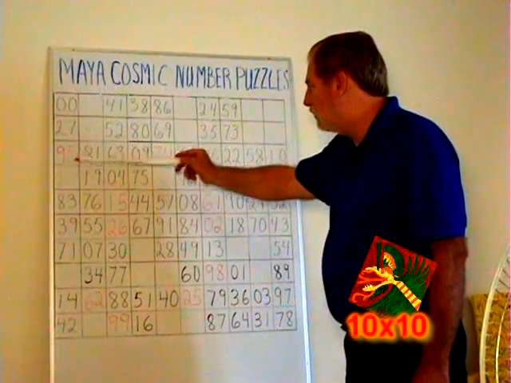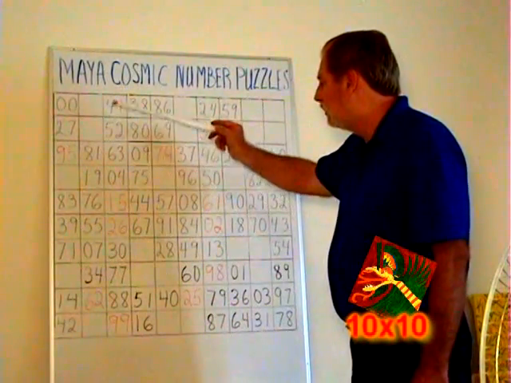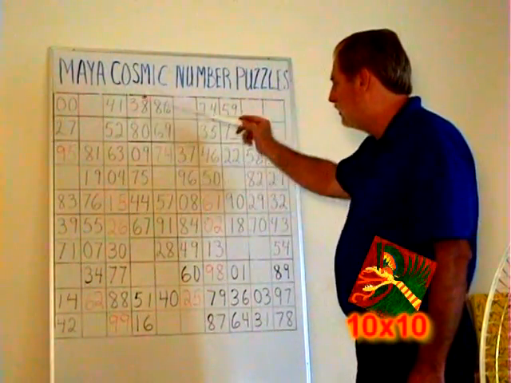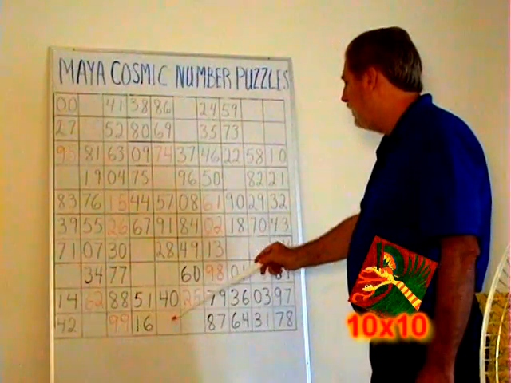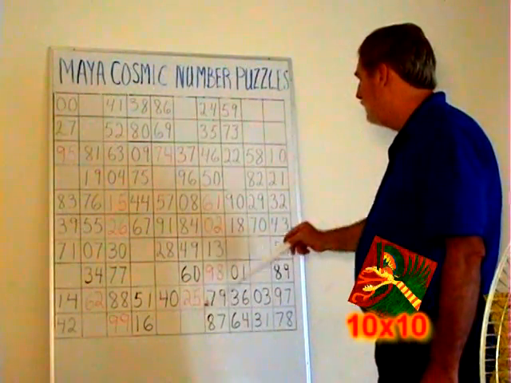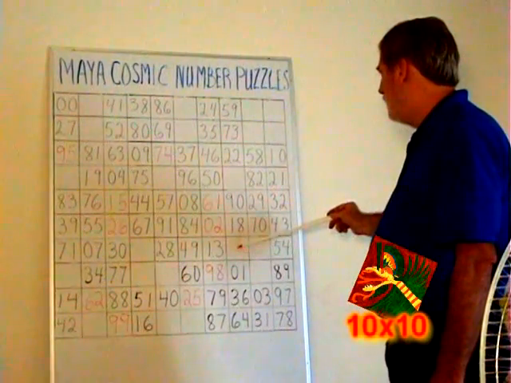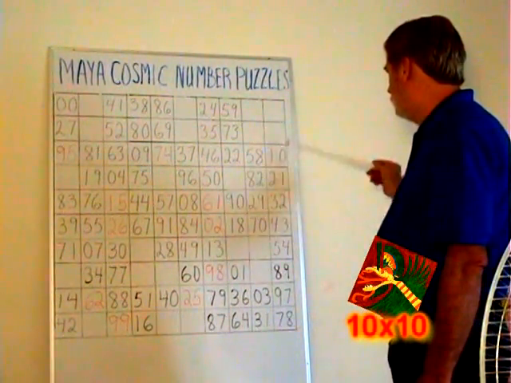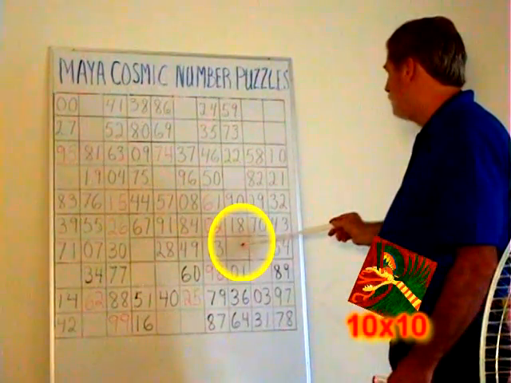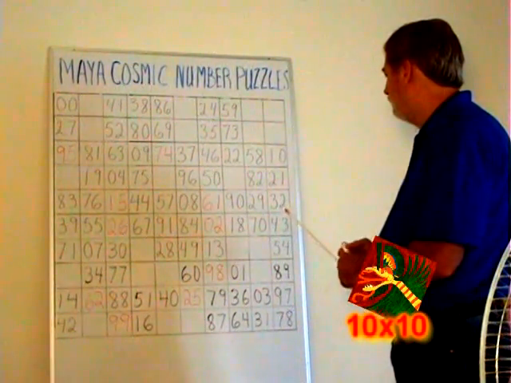In our columns, we have 2 here. We have 3. We have 2. We have 3. We have 3. And we have 1. And we have 4 and a 2. So this will be our next spot to solve.